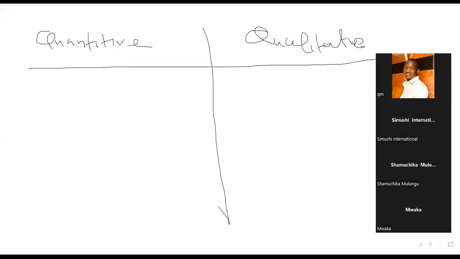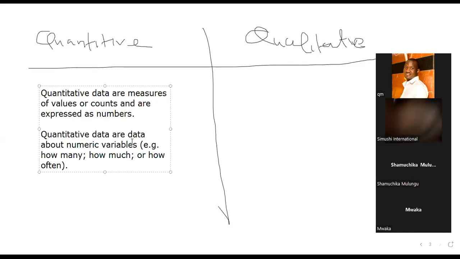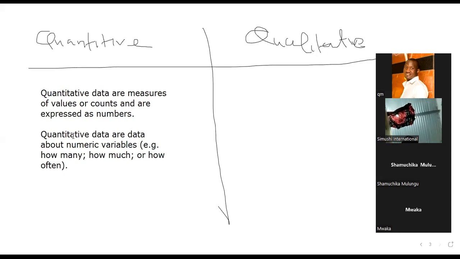Then when you're dealing with qualitative data, we are looking at types that can be represented by names, symbols, and types. So quantitative is measurable, whereas qualitative is non-measurable.